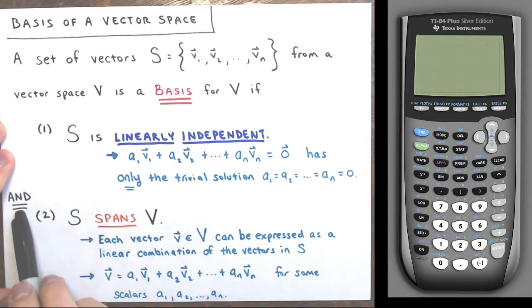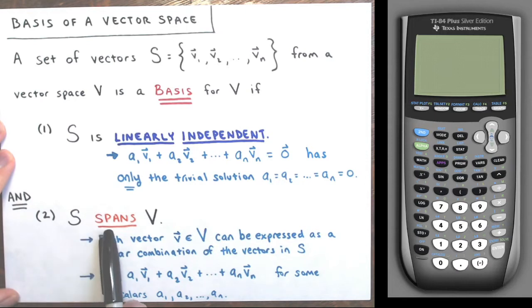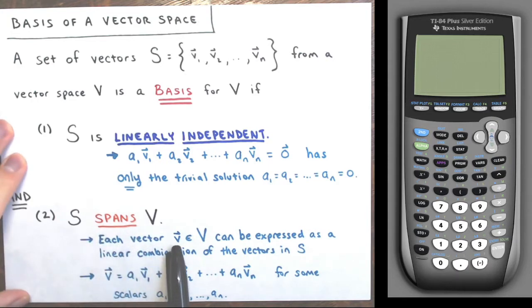And at the same time, this is also true: S has to span the vector space V. What this means is that every vector v from the vector space V can be expressed as a linear combination of the vectors in S. So I should be able to write vector v as a1 v1 plus a2 v2 plus up to an vn for some scalars a1 through an.